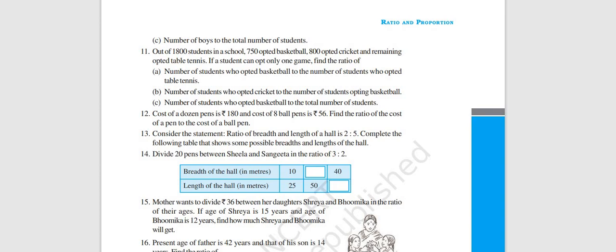That's why CBSE board is giving 15 minutes to read the question paper in annual board exams also, 15 minutes to read the question paper only. For the interpretation, total students are 1800, 750 students opted basketball, 800 students opted cricket, remaining are table tennis. Now we are going to write details.